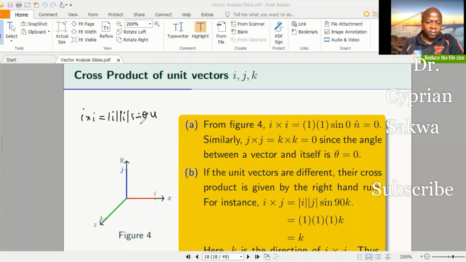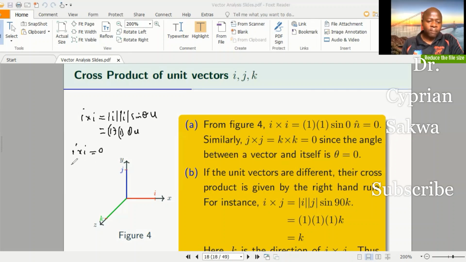The angle between i and itself is 0. So the magnitude of i is 1 times the magnitude of this other i, which is also 1, and then sine 0, which is 0. And therefore the whole of the right-hand side will be 0. So i cross i will be 0.